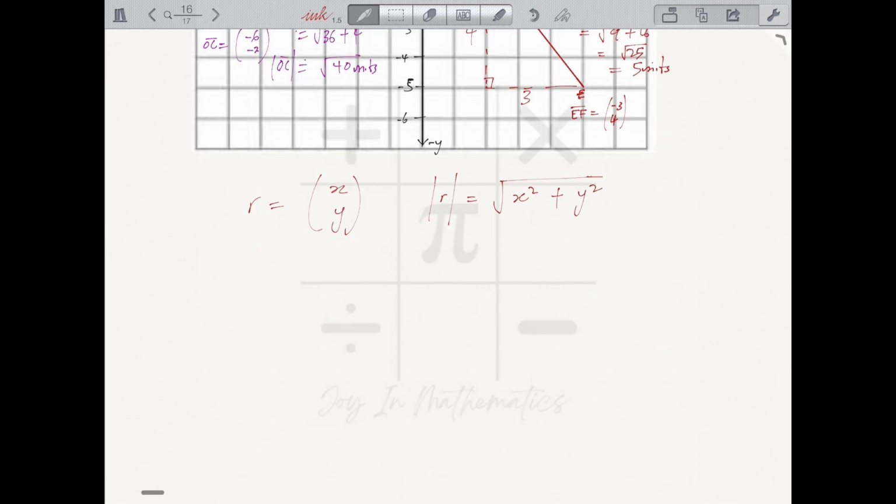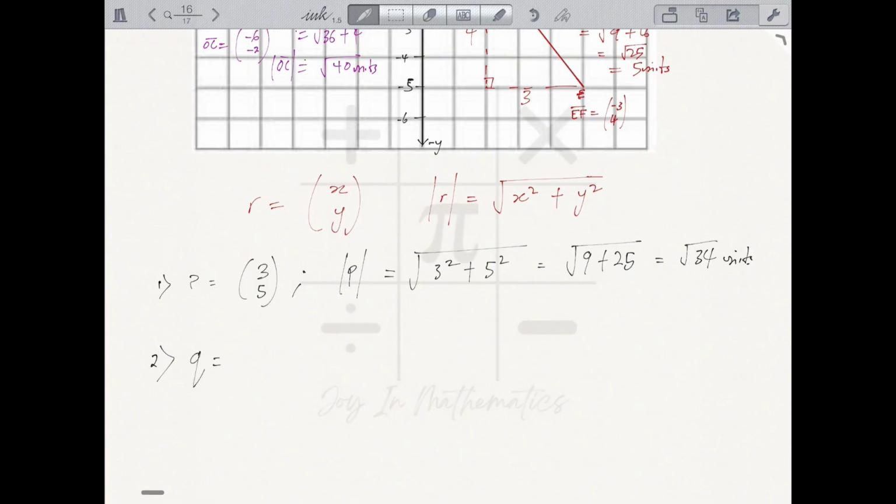So let's take a quick example on this now. If we have p equals (3, 5), the modulus of p, or the magnitude of p, will be the square root of 3 squared plus 5 squared. That's 9 plus 25, and this will be equal to root 34 units.